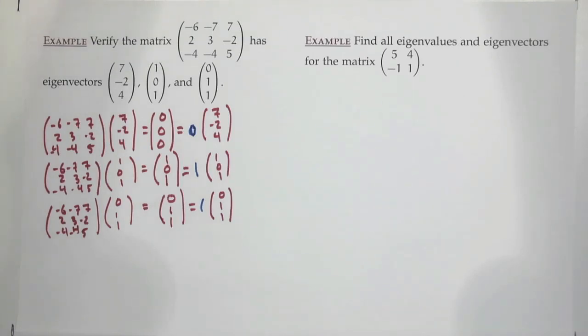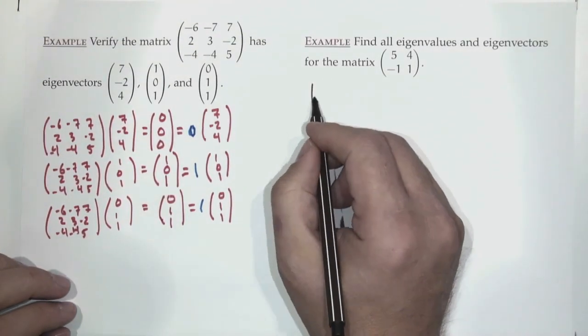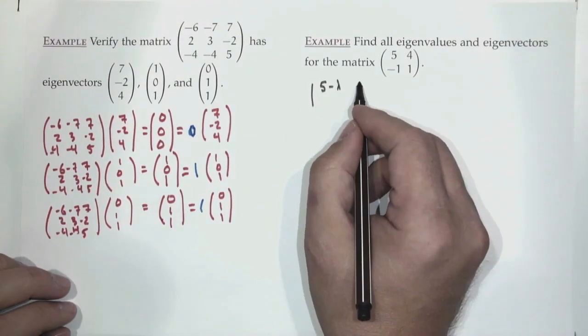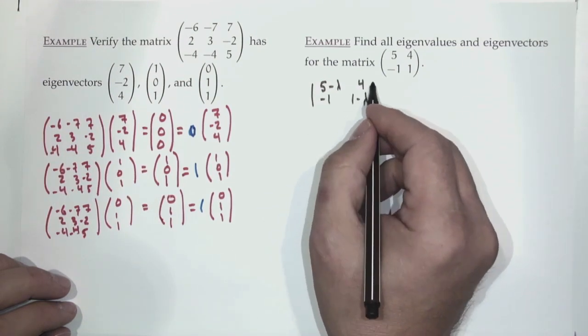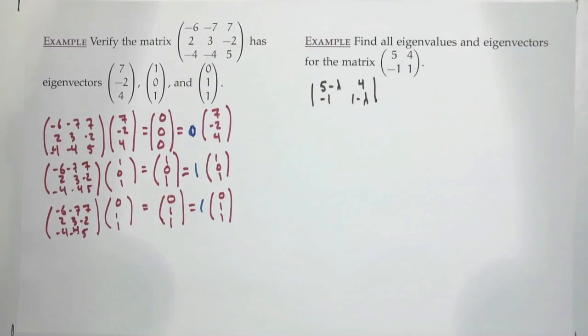All right. Switch gears. Find all the eigenvalues and eigenvectors for the matrix 5, 4, minus 1, 1. Well, okay, we should get pretty good at this, right? Because it's going to be helpful for next week and for the week after that. And who knows?